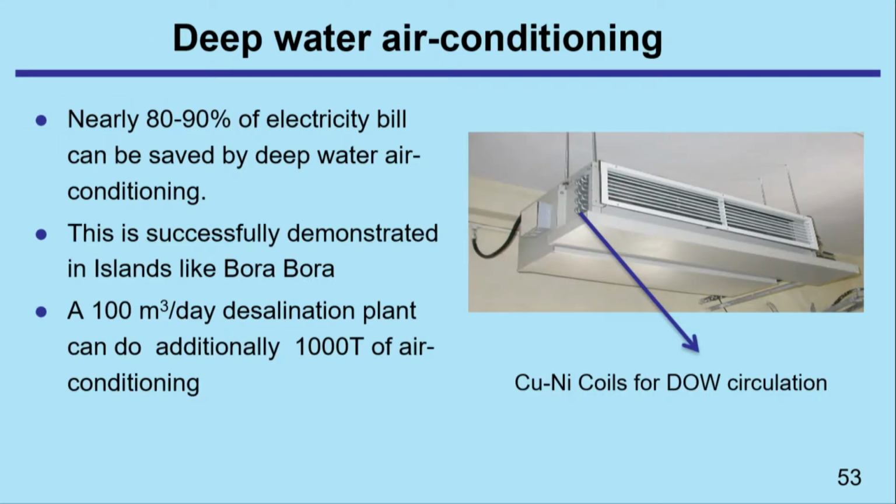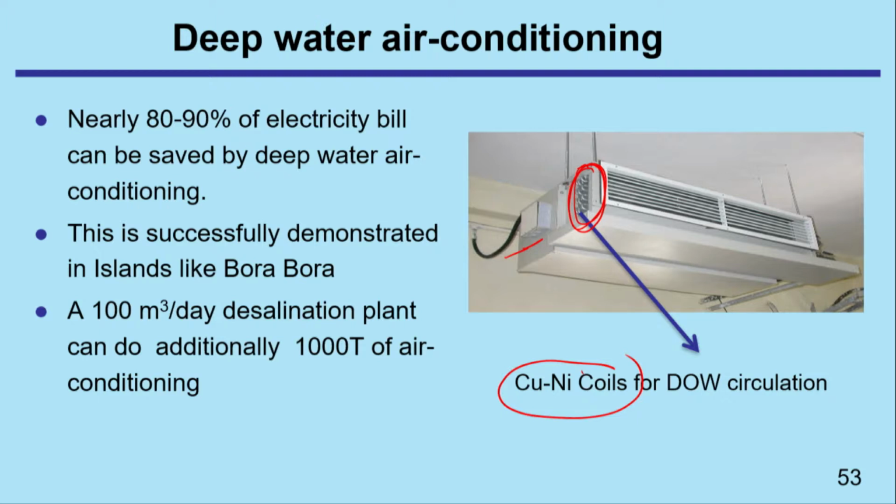Another one is that the deep ocean water is cold, and after extracting the energy for OTEC and desalination, it is still cool enough. So, what you can do is use copper nickel coils for deep ocean water circulation in a normal air conditioner, and of course normally the fan will be there. So this cold water that is circulating through these tubes could be used for air conditioning.